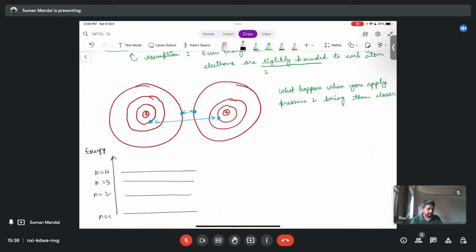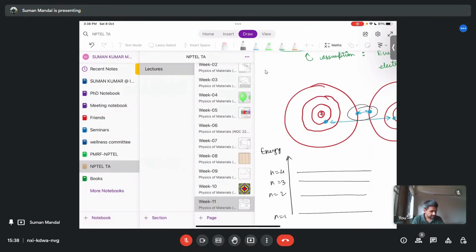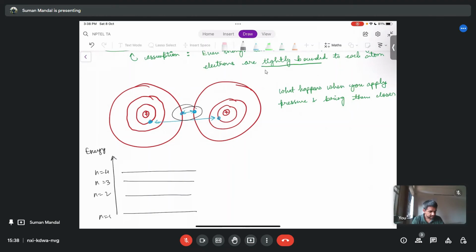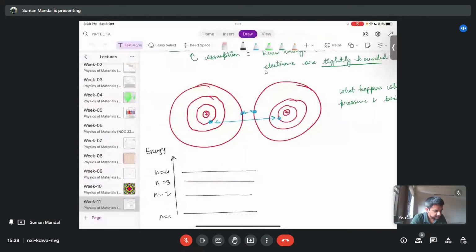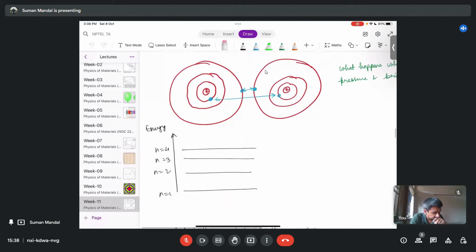Now when these two atoms in the outer shell come closer, Pauli's exclusion principle comes into effect, and the energy level splits into two discrete energy levels.